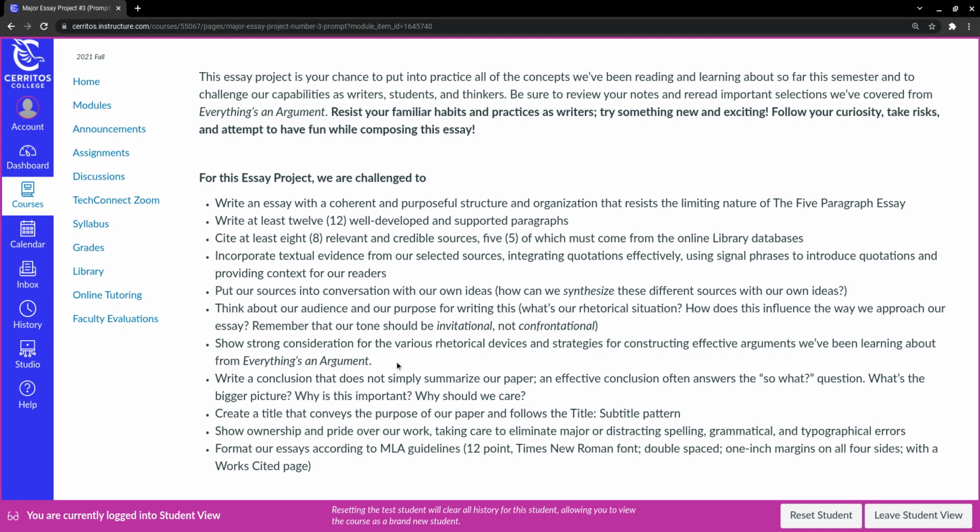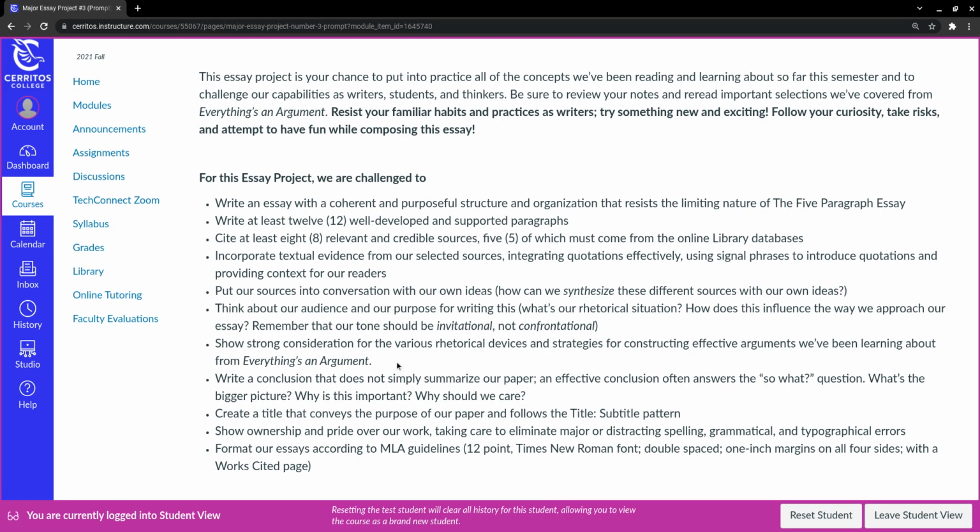So everything up until this point and continuing on, everything that we've read from Everything's an Argument, we want to make sure that we're taking all of those rhetorical concepts and ideas into consideration. How can we incorporate a strong awareness of ethos, pathos, logos, and kairos in our own writing? How are we going to appeal to our audiences to make sure that our message is successful?